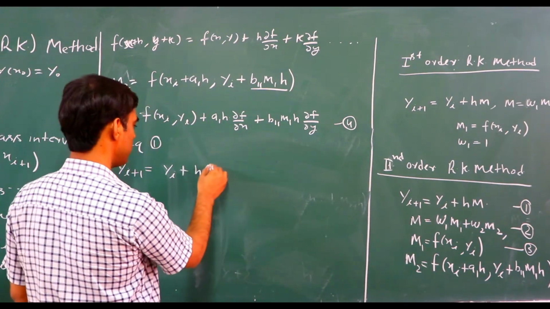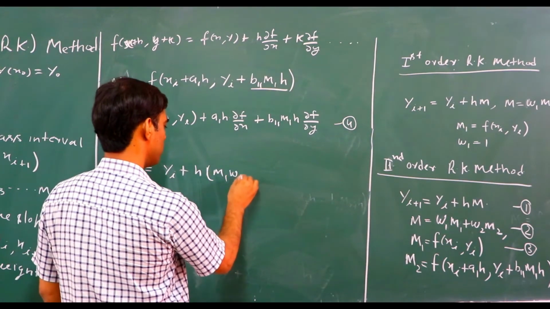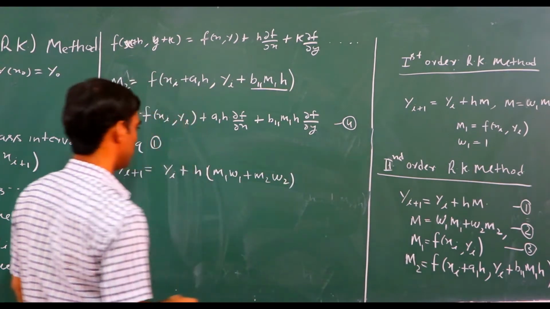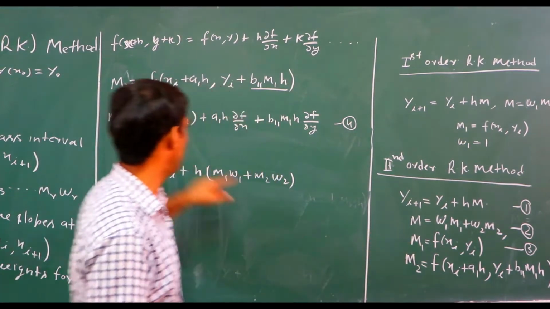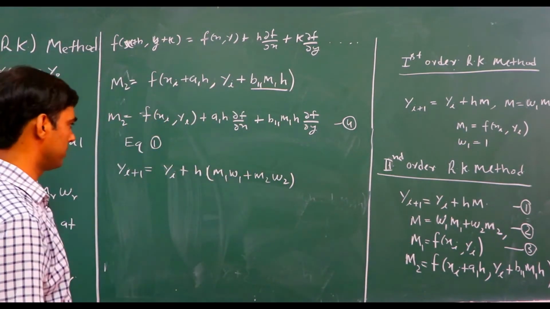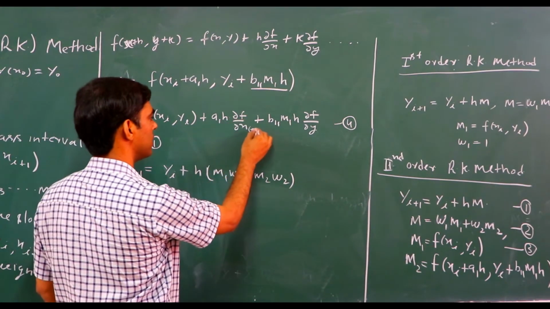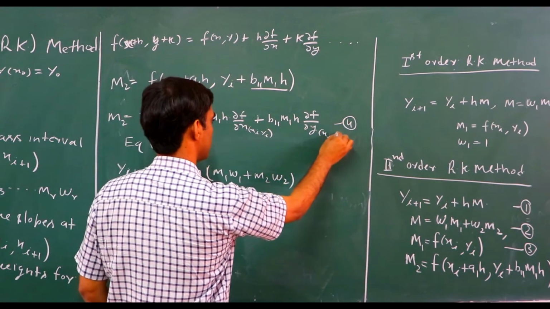What is the value of m? m equals W1 m1 plus W2 m2. Now we put the values of m1 and m2, m1 from here and m2 from here, with del f upon del x and del f upon del y evaluated at x_i, y_i.